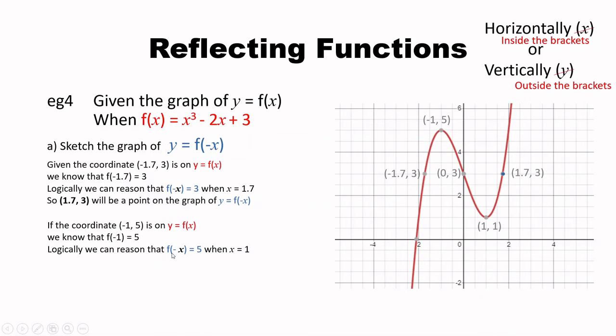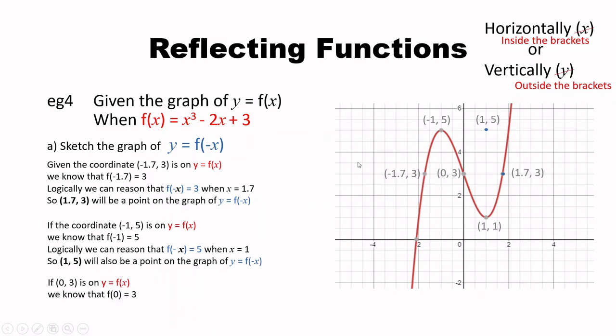So f of negative of this 1 would give me that same output value, that same 5. That tells me that (1, 5) will also be a point on my graph y equals f of -x. So when I'm looking at this point here on my original graph y equals f of x, it transforms to this point over here on my graph of y equals f of -x.